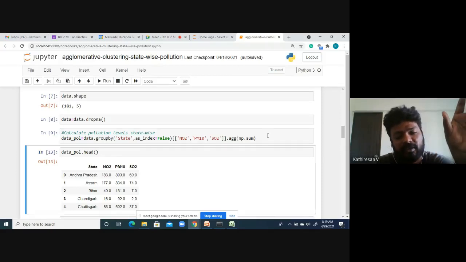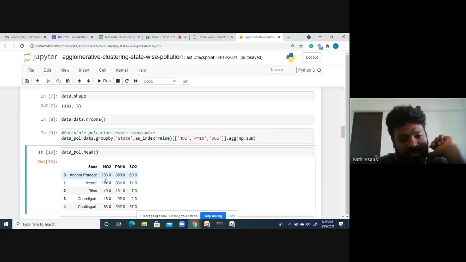We are performing a group by operation, and we are making the data state-based. Just join all the things: sum up all the districts in Andhra Pradesh, and we are getting this detail. Likewise, all the districts in Assam are combined and added, and we are getting this detail.